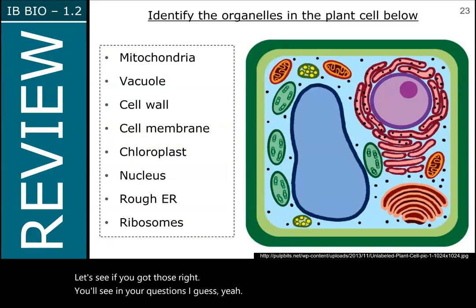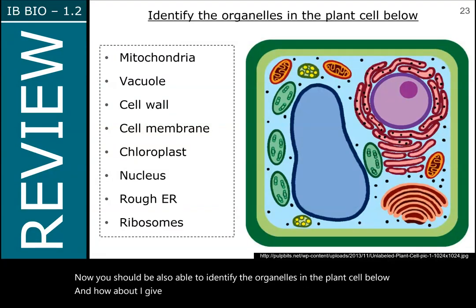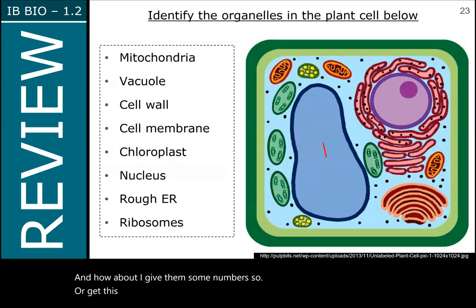Okay. Now you should also be able to identify the organelles in the plant cell below. And how about I give them some numbers? So we'll give this a number 1. We'll give this a number 2. We'll do this a number 3, and then inside number 4.